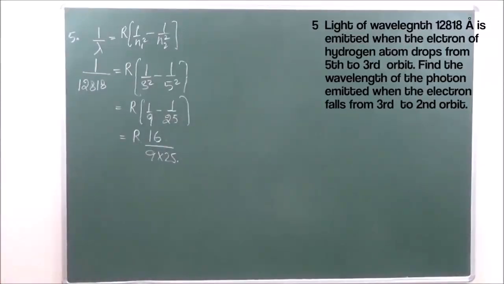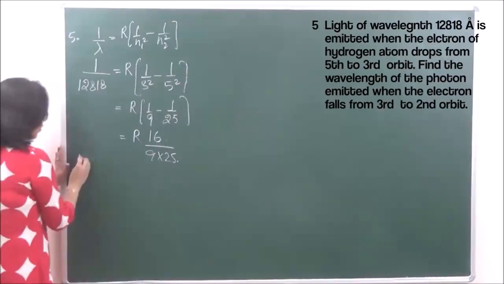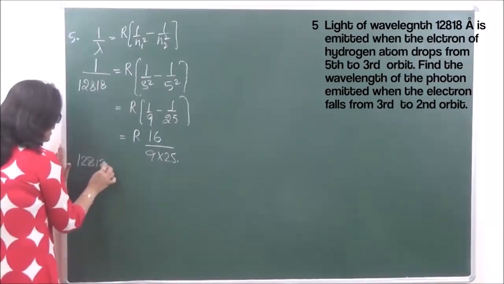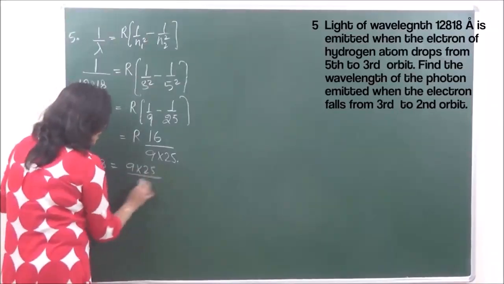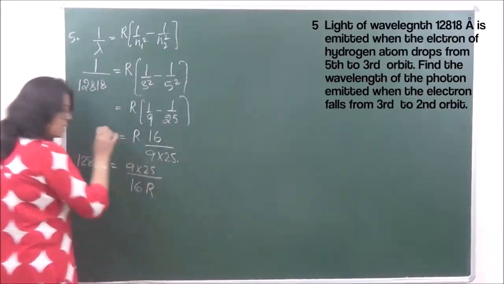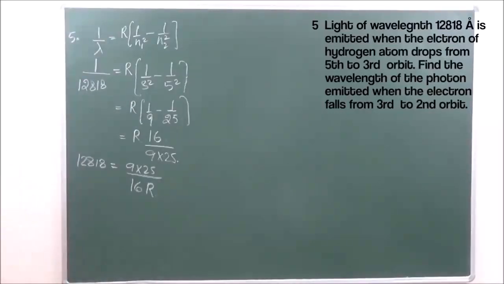Now when we calculate lambda, we take the reciprocal. By taking the reciprocal, we get lambda1 equal to 9 into 25 upon 16R. Now let's similarly calculate for the second transition.